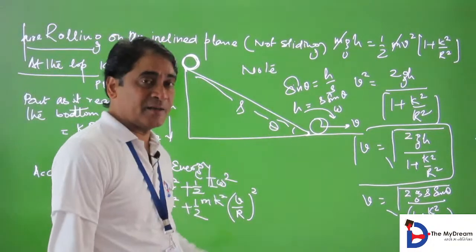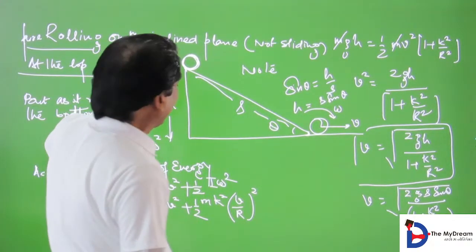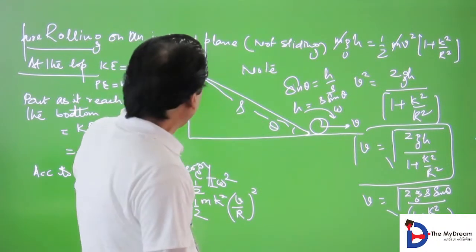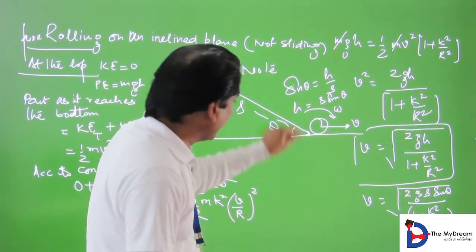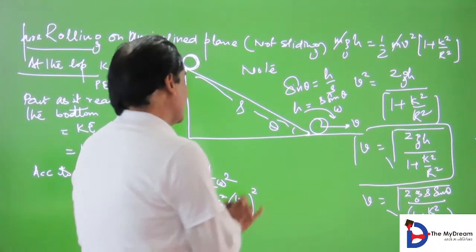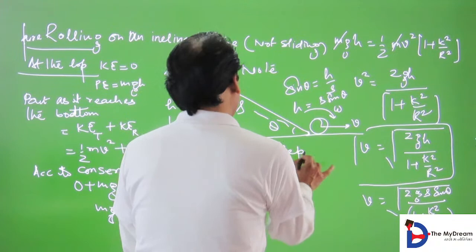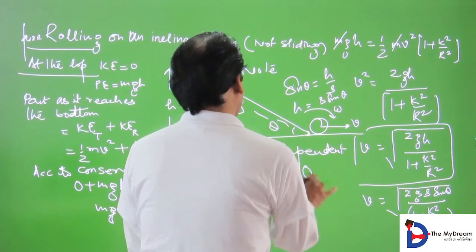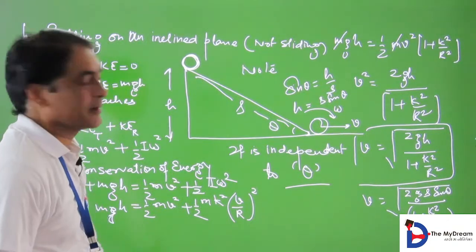Linear velocity is independent of theta because at a certain height से उसे थ्रो किया गया. अब ये हाइट यहां होती तो ये भी तो चेंज हो जाता. ये हाइट तो एंगल तो उतनी, हाइट तो उतनी. सो it is independent of theta. जो एंगल ऑफ इंक्लिनेशन है उस पर डिपेंड नहीं करता.